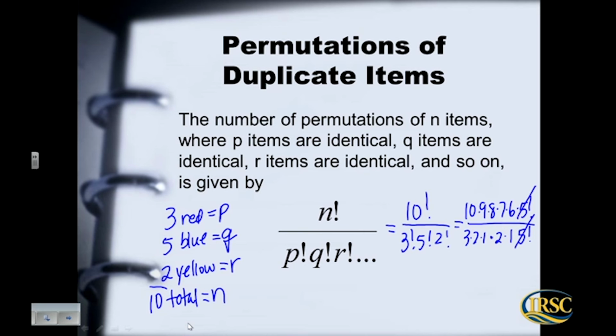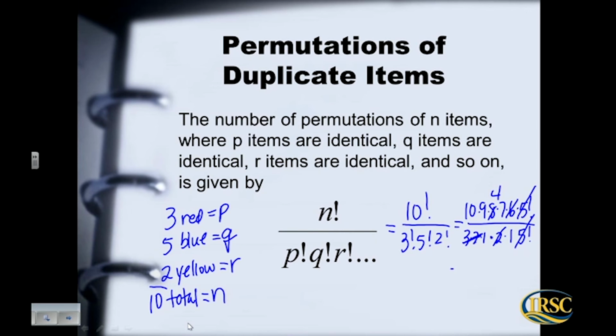These cancel as a shortcut. Then I can cancel some more stuff. What's 3 times 2? 6. So 3 times 2 together can cancel with that 6 up top. And then 2 can cancel with the 8, giving me a 4. So now all I have left to multiply is 10, 9, 4, and 7.